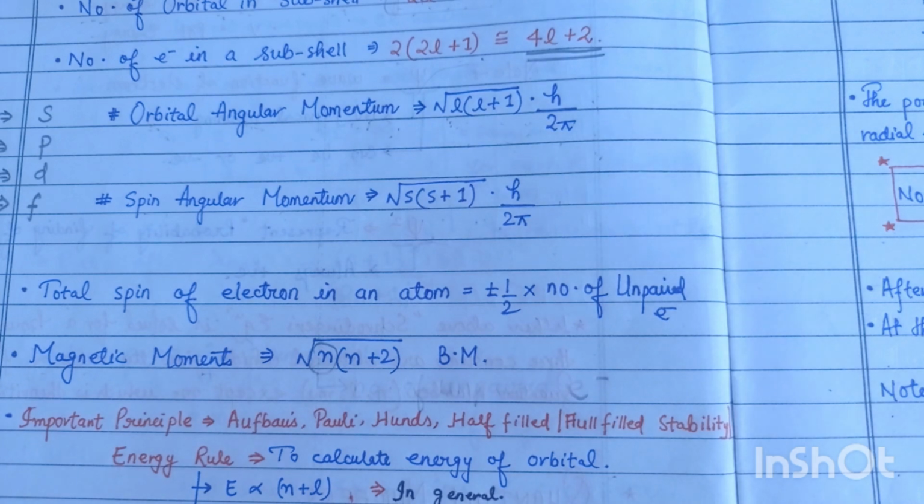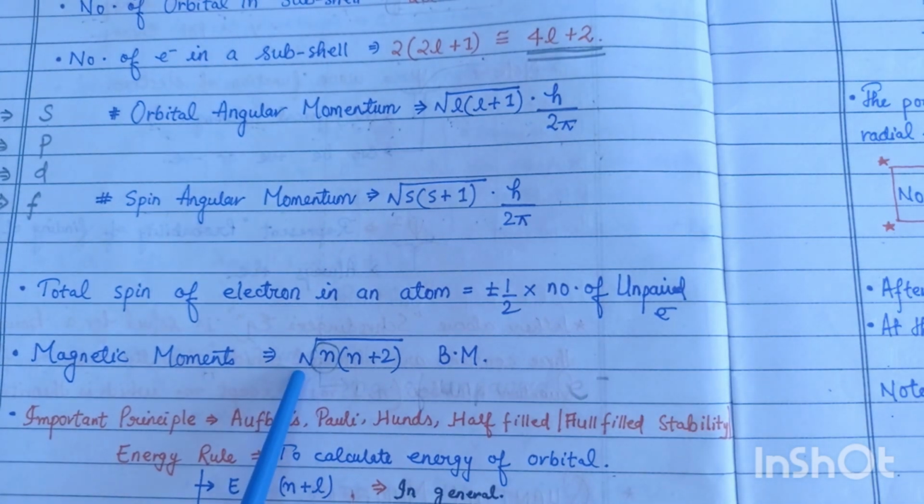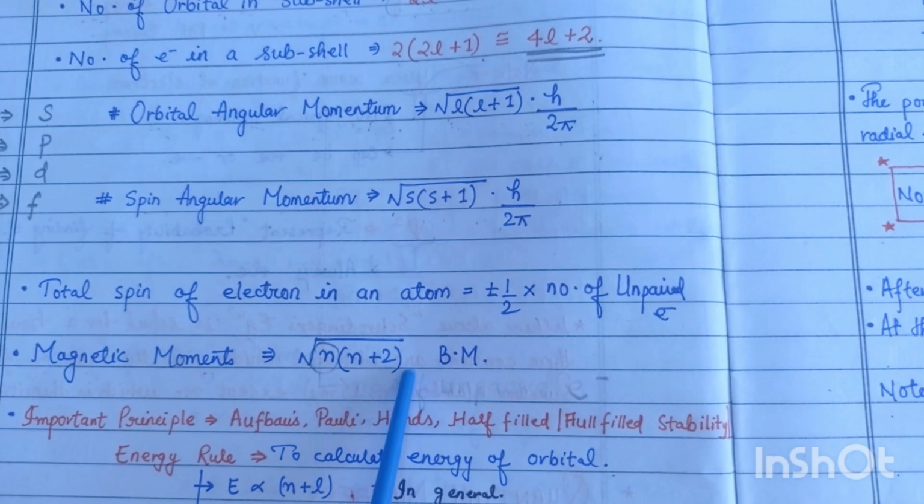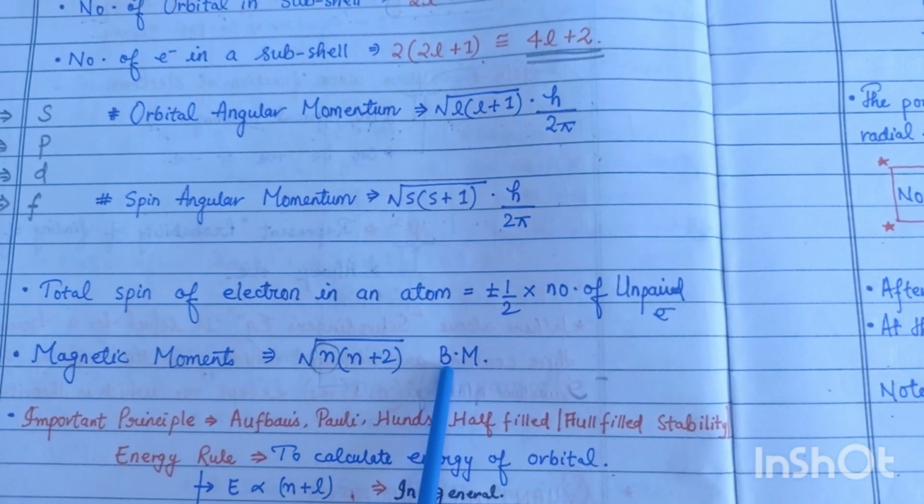So to calculate the spin of electrons in an atom, we only consider the unpaired electrons. Now the magnetic moment: questions can be asked to calculate the magnetic moment of an orbital where 2 or 3 electrons are present. Apply the formula square root of n(n plus 2) BM, where BM means Bohr magneton, the unit of magnetic moment.